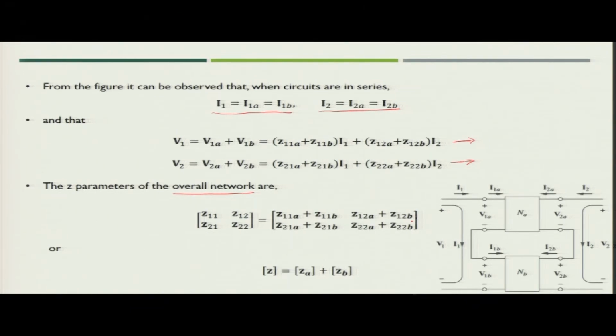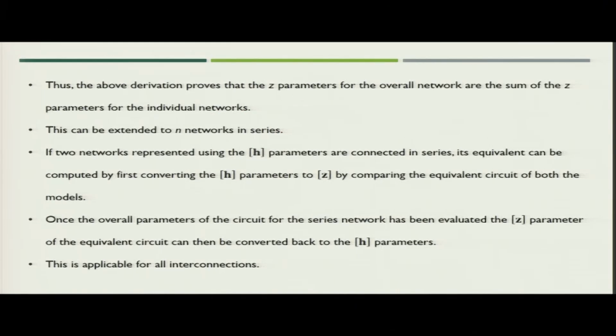In short, we can write that the Z parameter matrix of the overall network is the summation of the individual Z parameter matrices of networks A and B. With this we can say that the Z parameters of the overall network are the sum of the Z parameters of the individual networks.